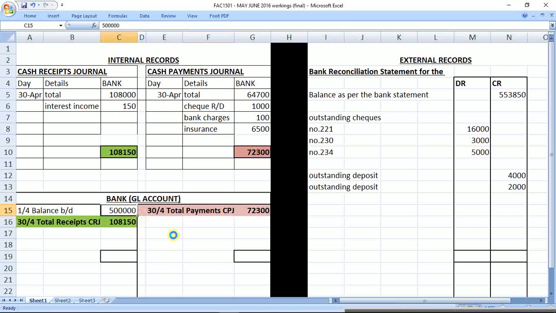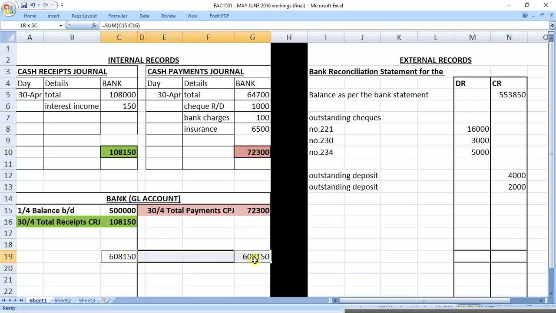Now how do we balance that account off? We check which side's bigger. Which side's bigger? The debit side. So sum up all of that gives me that answer. That's the answer that I want on both sides. How do I get the balance?